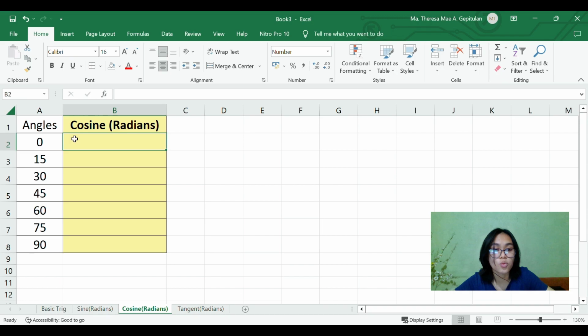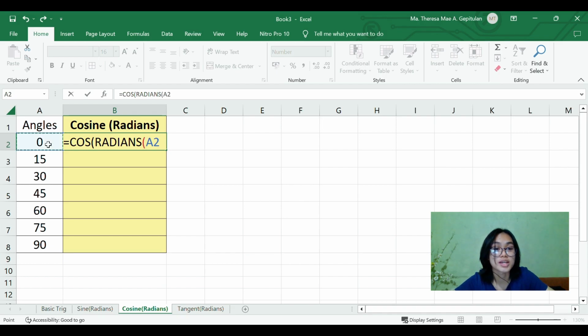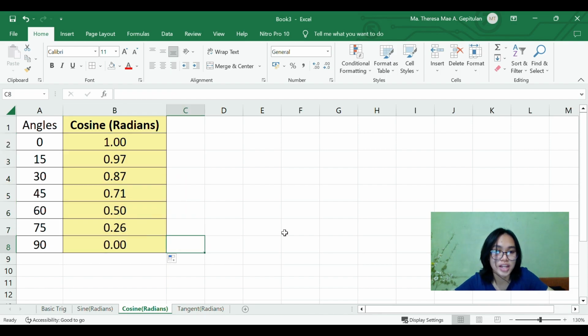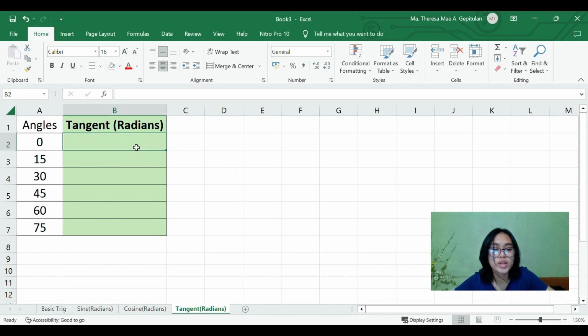Same goes with cosine. We use equals COS, open parenthesis, RADIANS, open parenthesis, choose the degree number, then close parenthesis for the radian, and close parenthesis for the cosine. Then we have the cosine value directly in radian form. Lastly, in tangent, we did not include 90, as you can see, as we already know it's undefined.